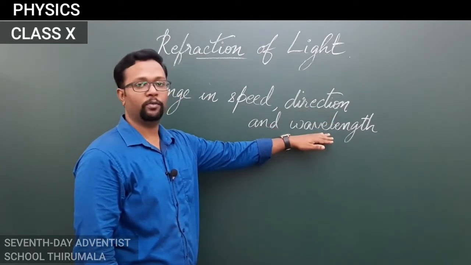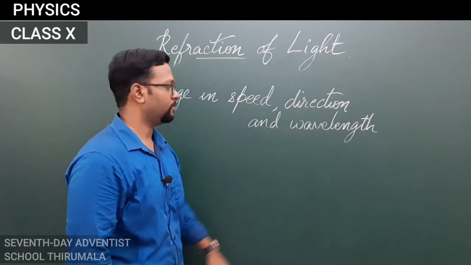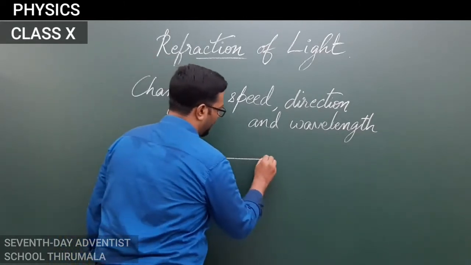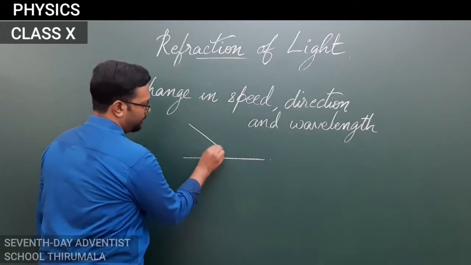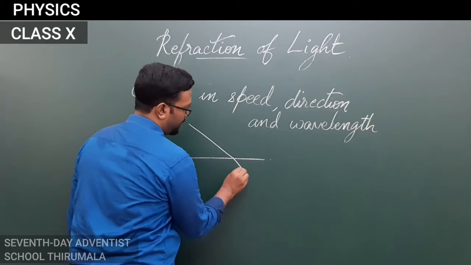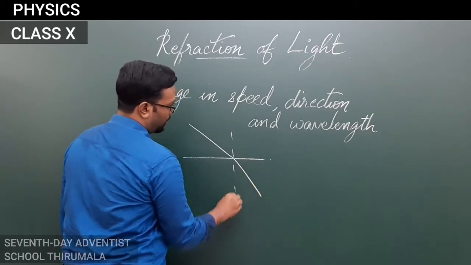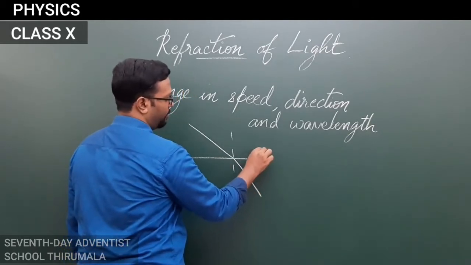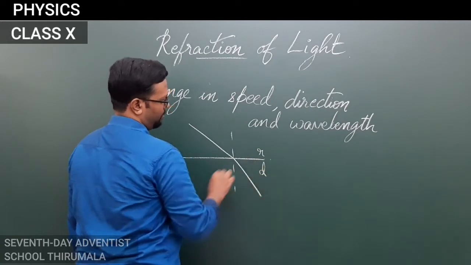And what happens to the wavelength of the light? For example, when a light ray traveling through a medium meets the surface separating two media, and it bends towards the normal, then we say that this is a rare medium and this is a dense medium.